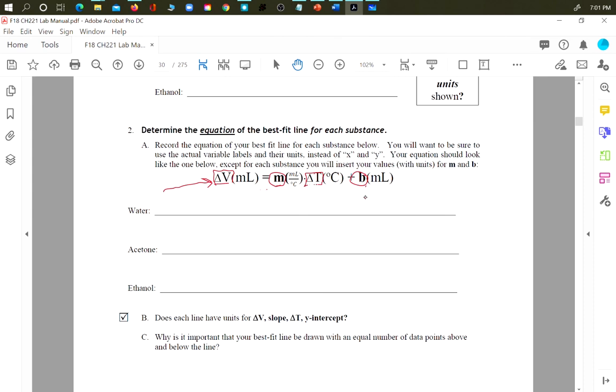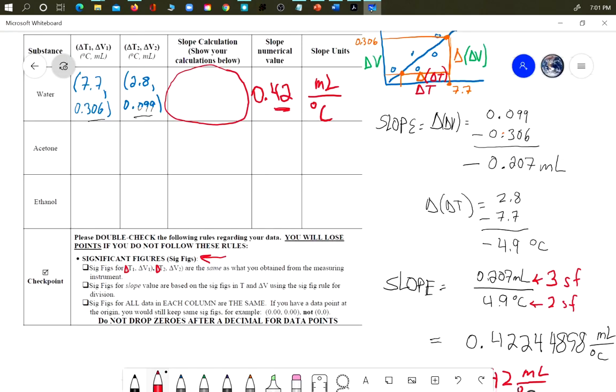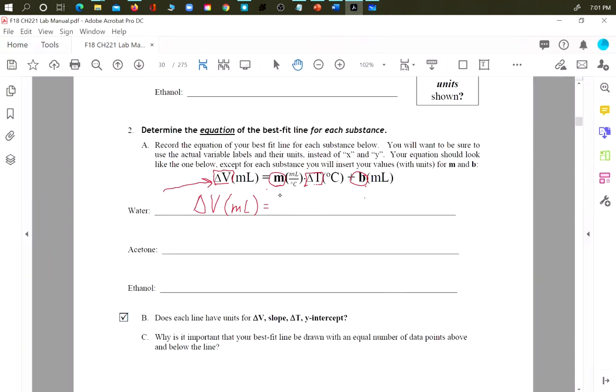And let's do it. So for water, the volume change in milliliters is related to the slope. Well, let's see, what did I write for the slope? It was 0.42 milliliters per degree Celsius. That's the slope.